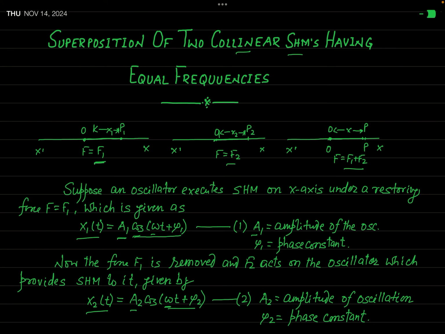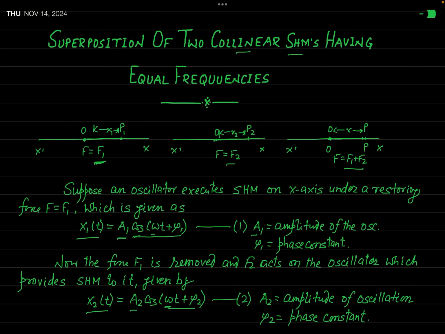And what is this superposition principle? According to the superposition principle, the resultant displacement of this particle will be simply the algebraic sum of the displacements x1 and x2 which were taking place under the restoring forces F1 and F2.